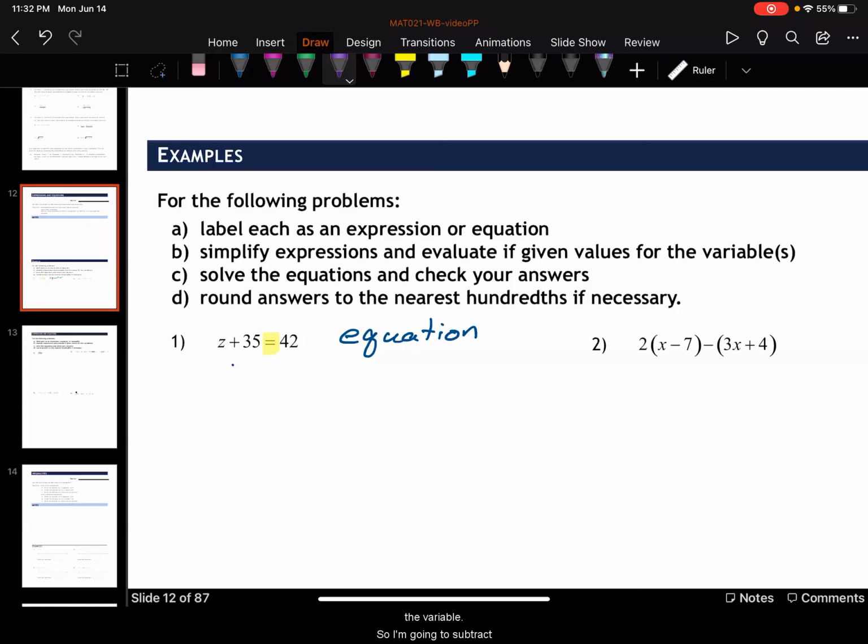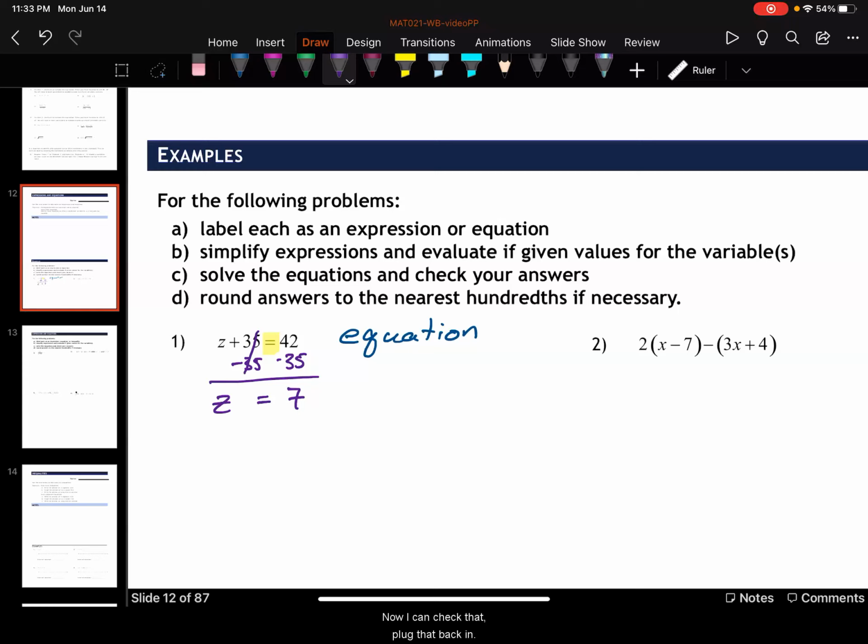So I'm going to subtract 35 because since I'm adding it, to get rid of it or move it to the other side, I would have to subtract it. So z, those will subtract out, will equal, so 42 minus 35 will give me 7. So for number 1, part A, we have an equation, and then when we solved it, z equals 7.